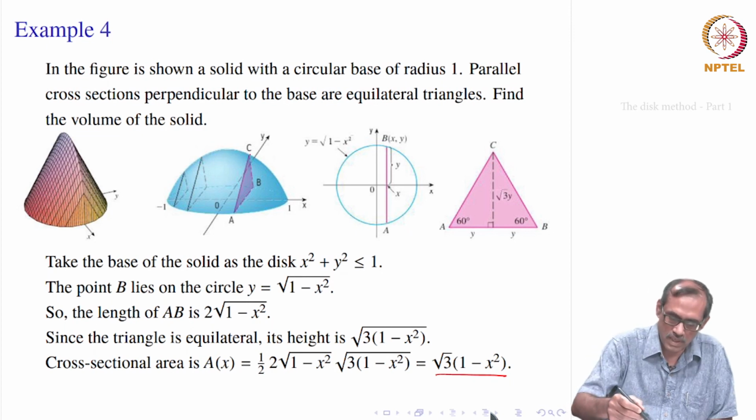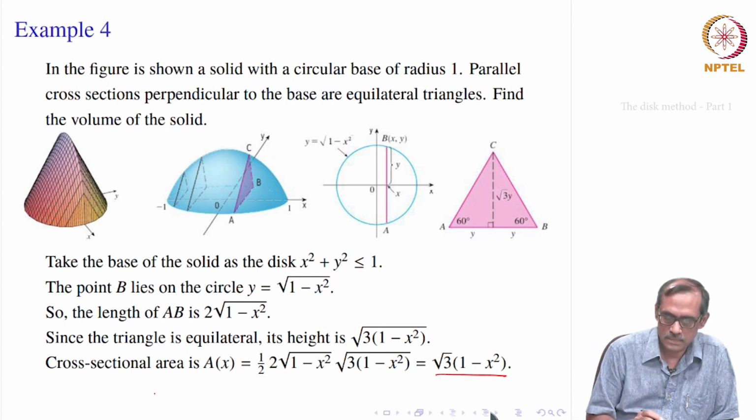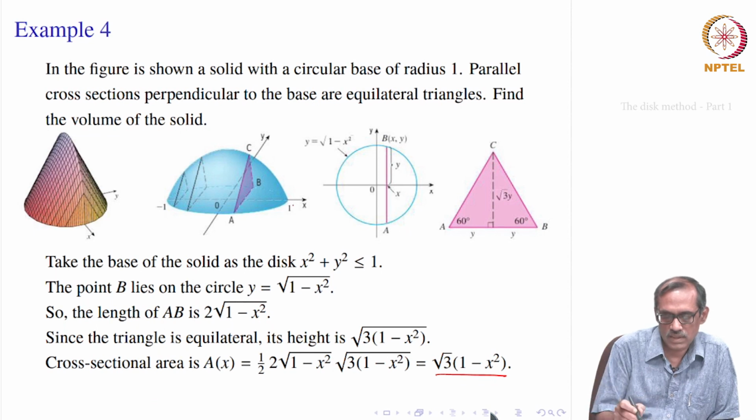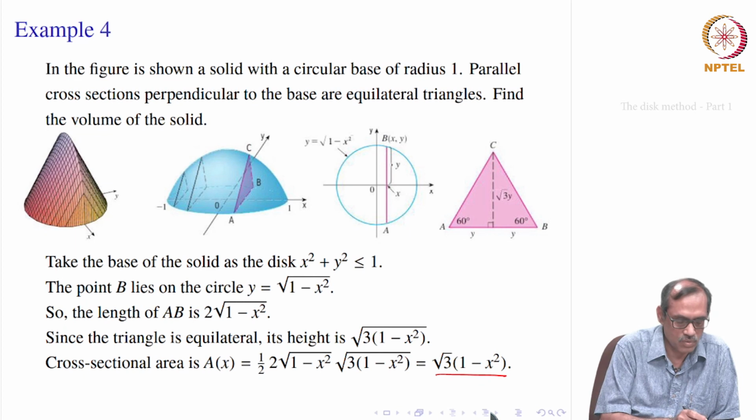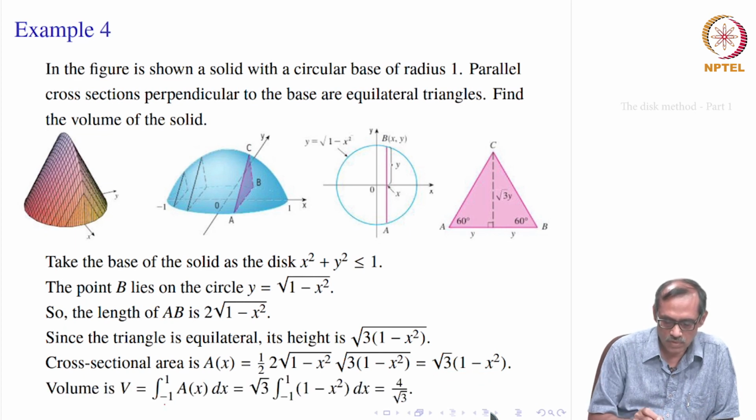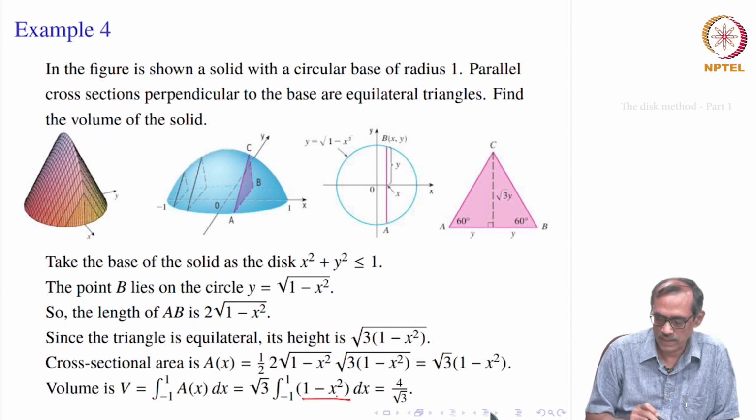Once we have got the cross sectional area, it is really to be integrated over minus 1 to 1 to get the volume. So, volume is the integral from minus 1 to 1 of A(x) dx, which is the integral from minus 1 to 1 of 1 minus x square dx, root 3 comes out, which turns out to be 4 divided by root 3.